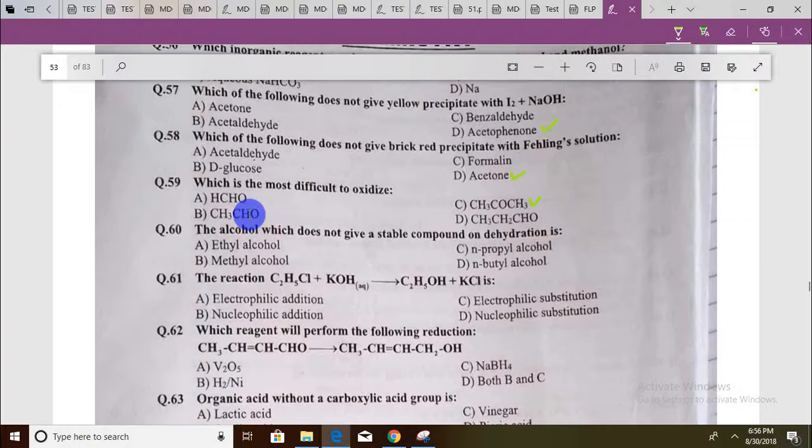And if it's asymmetrical, only that carbon that is adjacent is oxidized which has the smaller number of H attachments. So this is important.